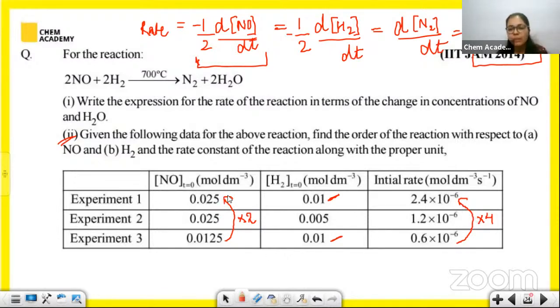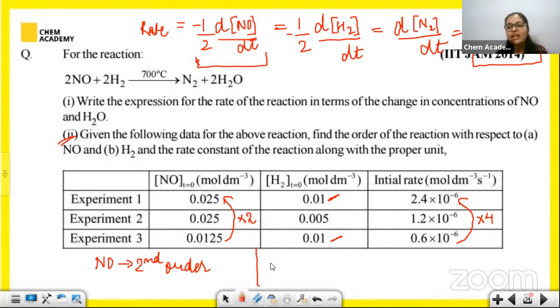It means that the reaction is second order with respect to NO. If we double the amount of NO on keeping H2 constant, then the initial rate is becoming 4 times. It means that the reaction is second order with respect to NO.